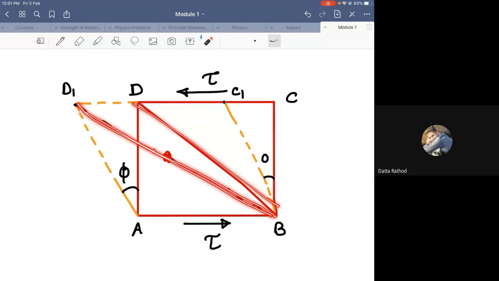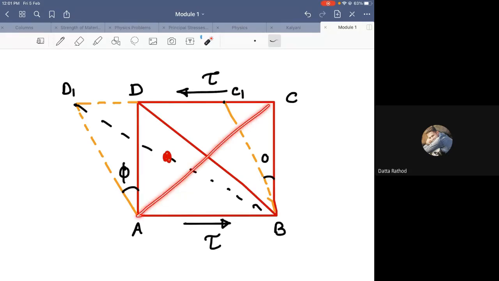Length of BD member is increased and it is now BD1. Similarly, the original diagonal AC is this one, and here now the diagonal AC will be like this, AC1. It gets shortened due to the application of this tau.